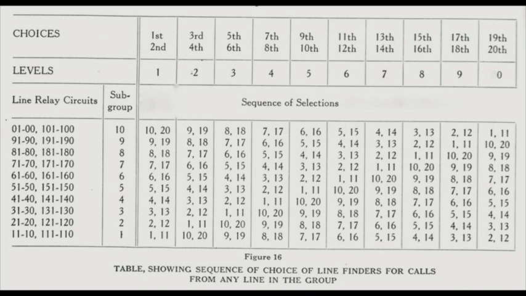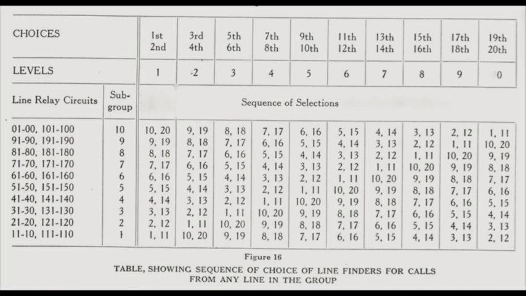However, one problem with the selection process is the uneven distribution between the selection of the lower shelf and upper shelf line finders. Notice that the first choice line finders for all subgroups is a line finder on the lower shelf, that is, any of line finders 1 to 10, while the line finders on the upper shelf, line finders 11 to 20, are always second choice.